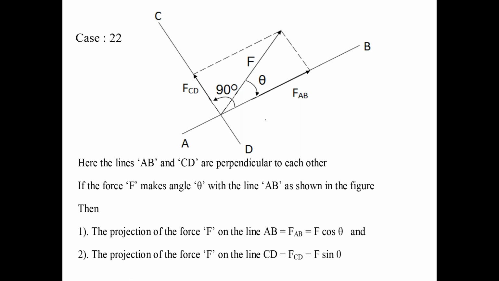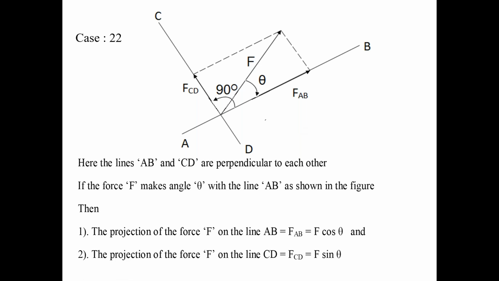So like that, the force F has two projections, Fx, Fy, or FAB, FCD. For example, if this force F making the angle theta with line CD, FCD is equal to F cos theta, FAB is equal to F sin theta.